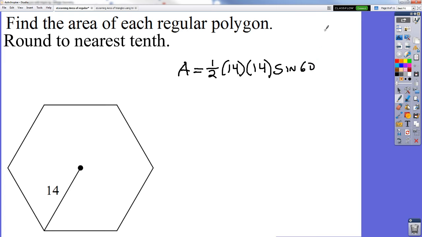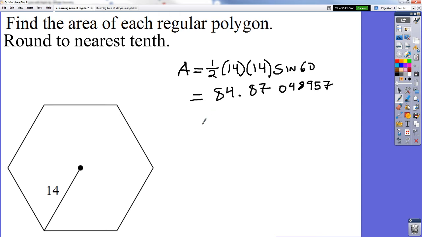And we can plug that into the calculator. And we end up with one of these triangles having an area of 84.87048957.